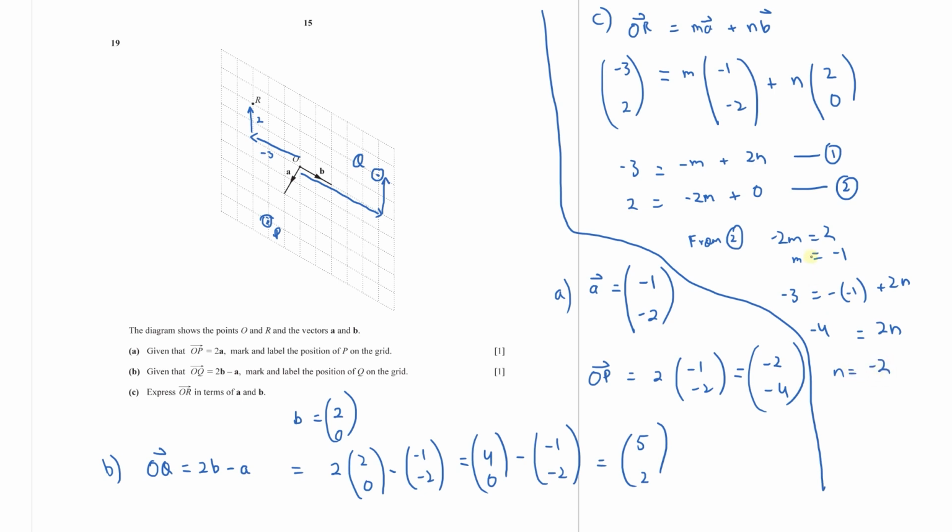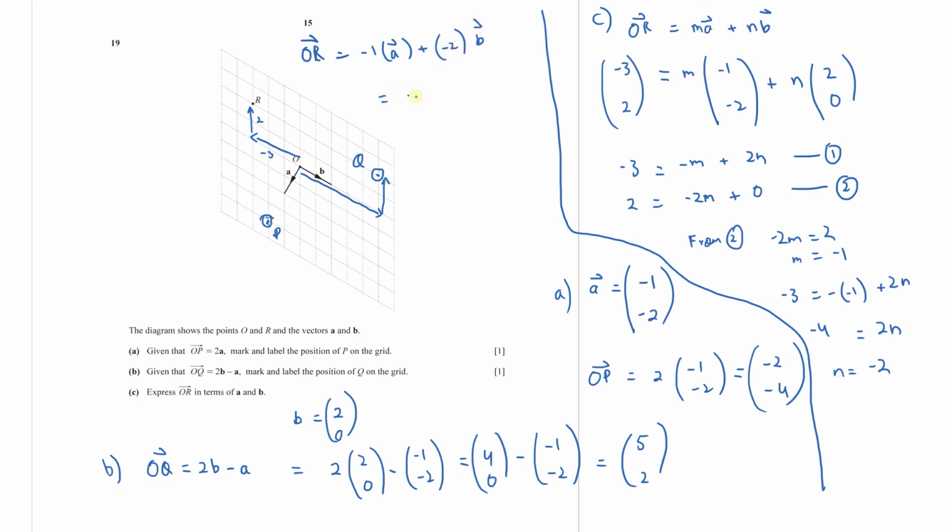So now I know the values of m and n. Then I can write OR. I know OR is m times a. So m is minus 1. So minus 1 times a plus n, which is minus 2, times b.